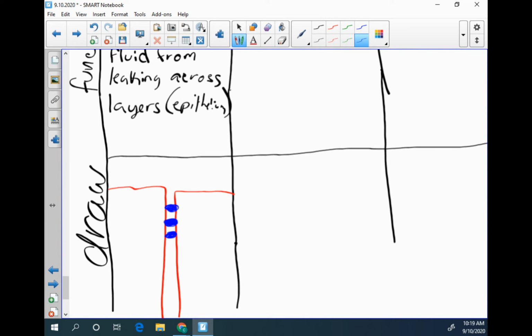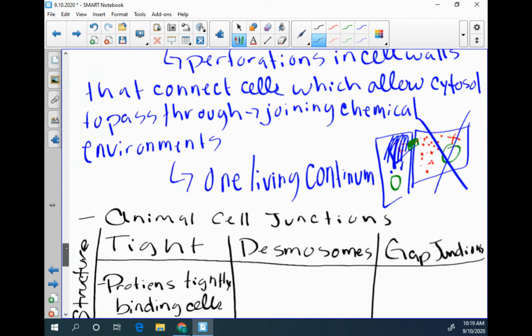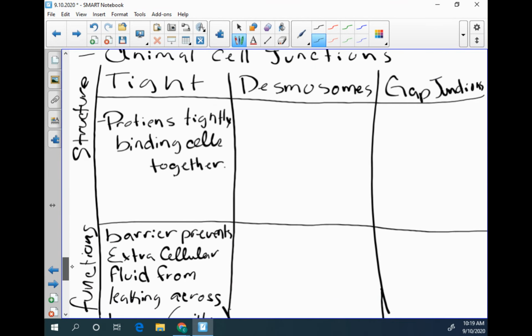Next, we have desmosomes. Going all the way back up. Desmosomes.